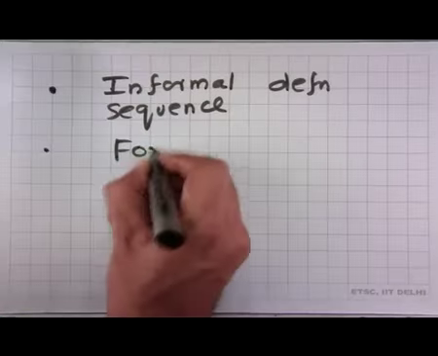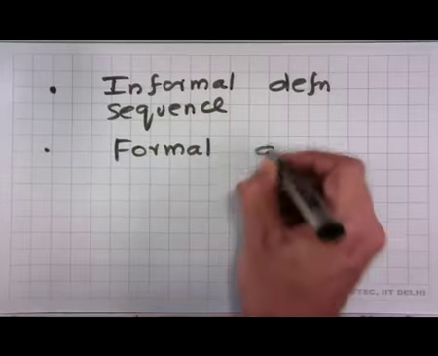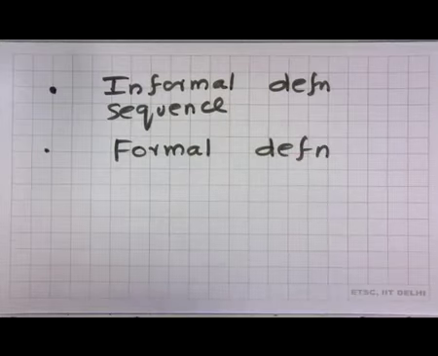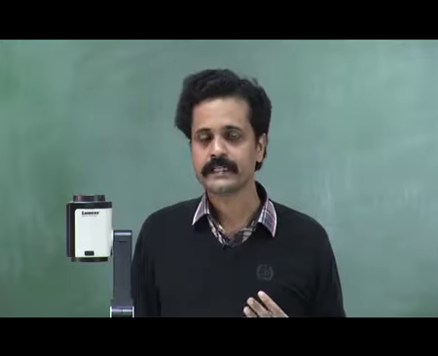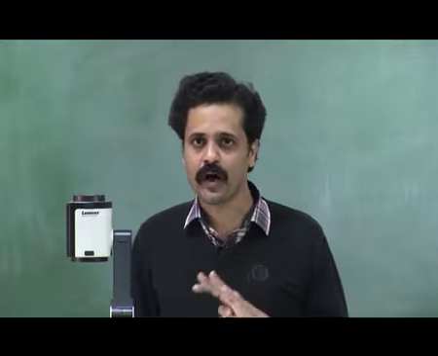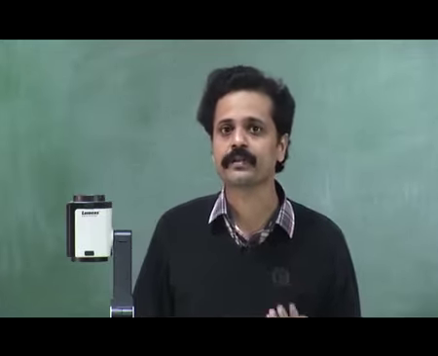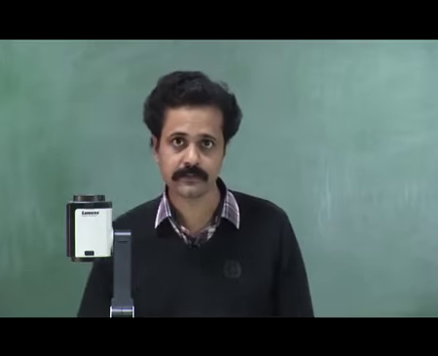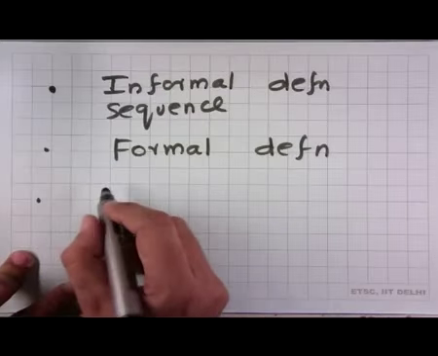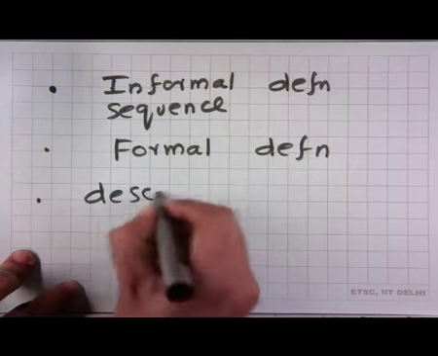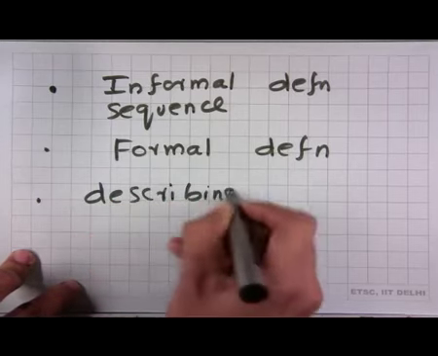Formal definition: a sequence is a function from the set of natural numbers to R or a subset of natural numbers to R. Various ways of describing a sequence.